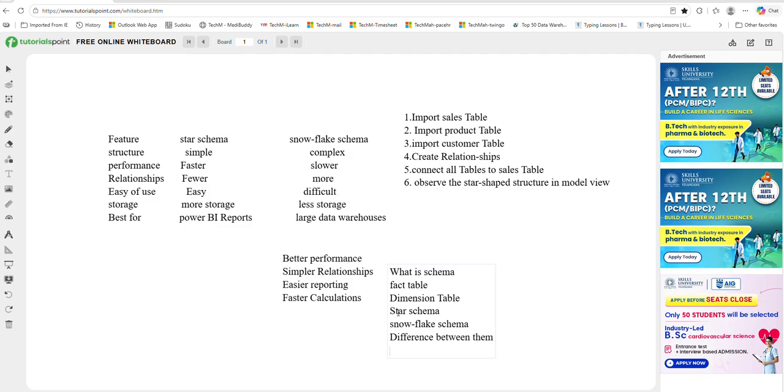And which schema is best in Power BI? This we also covered today. Actually, Power BI here means Power BI Desktop. So these concepts are very important for real-time projects and interviews.